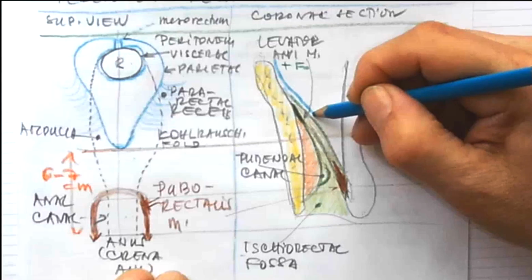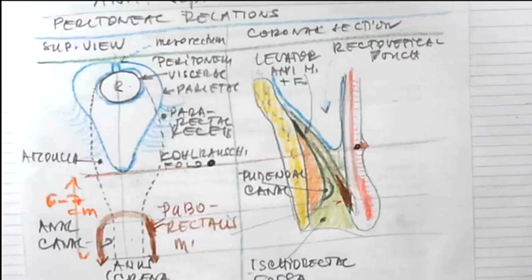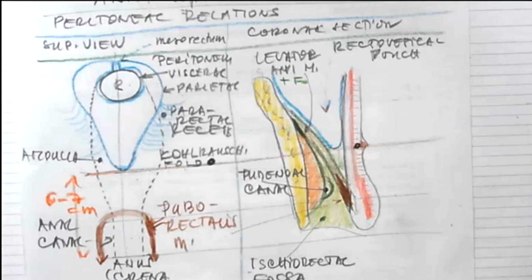So here we have that canal, the pudendal canal with the pudendal artery, nerve, vein, etc. So here what we see are the longitudinal fibers, longitudinal. That one is circular fibers. There you see circular fibers done, and then there's the mucosa, etc.